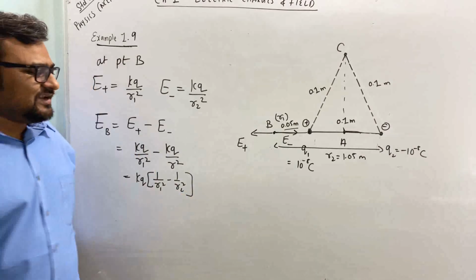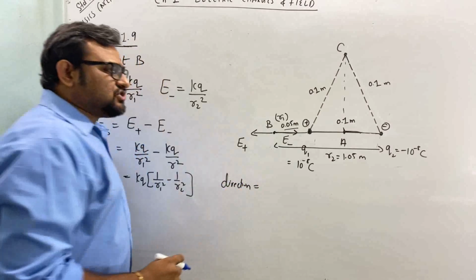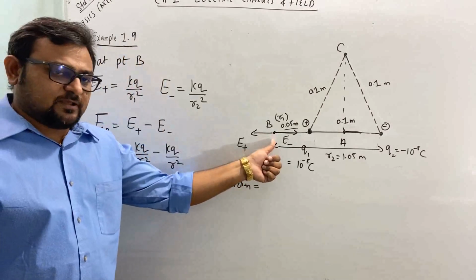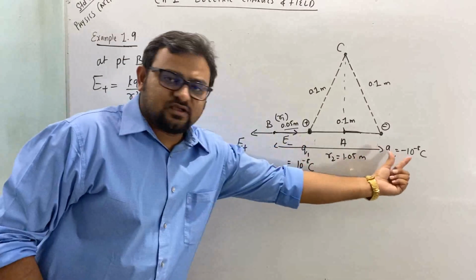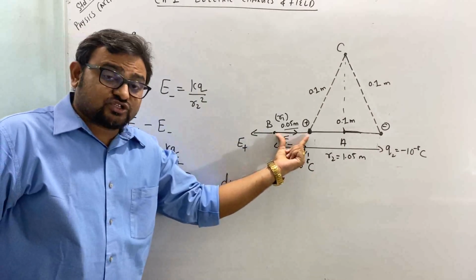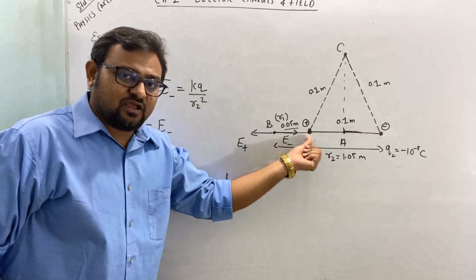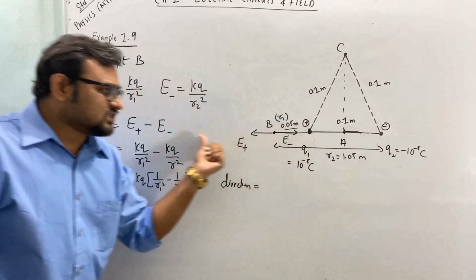Now, what will be the direction of this electric field? Now see, both are having same charges magnitude wise, but this distance is shorter. So the electric field due to positive charge will be higher, right? So this direction will dominate.